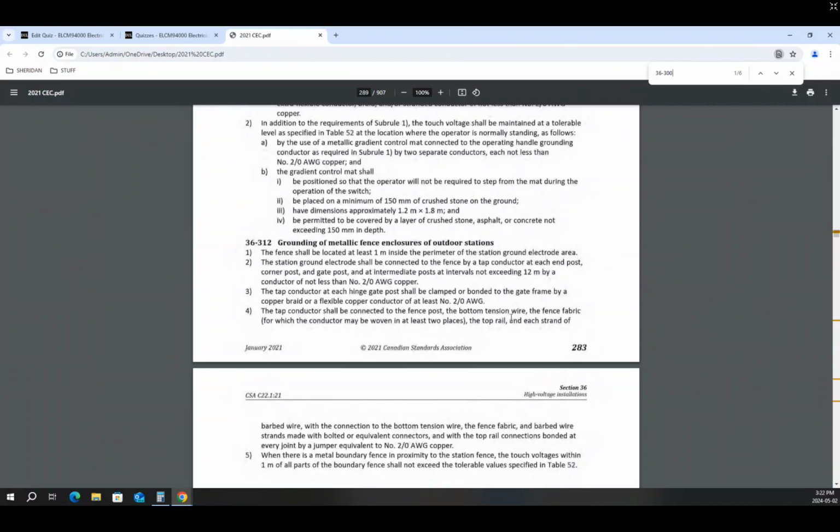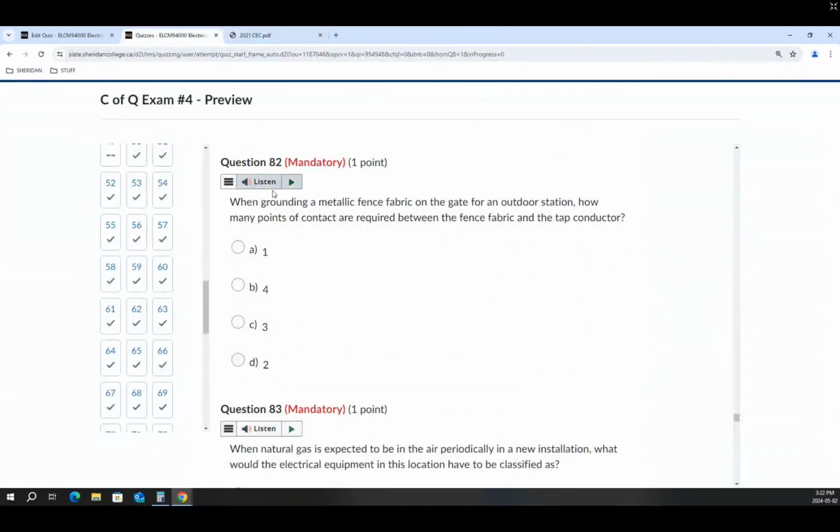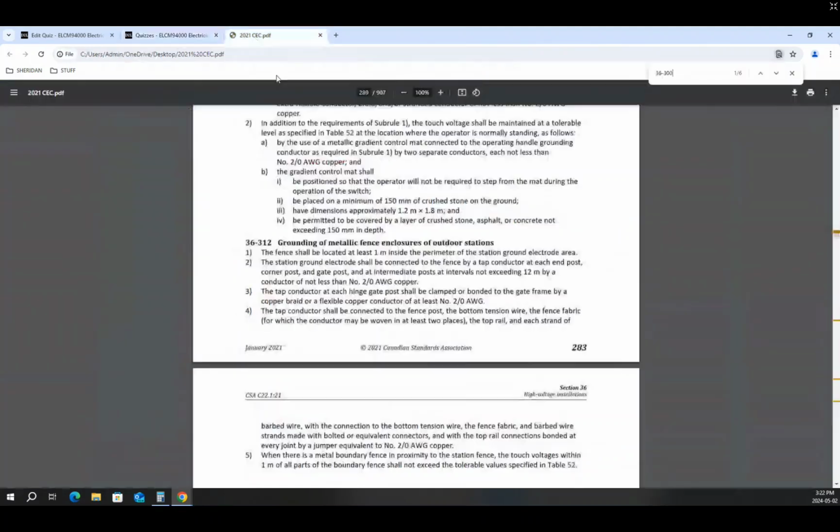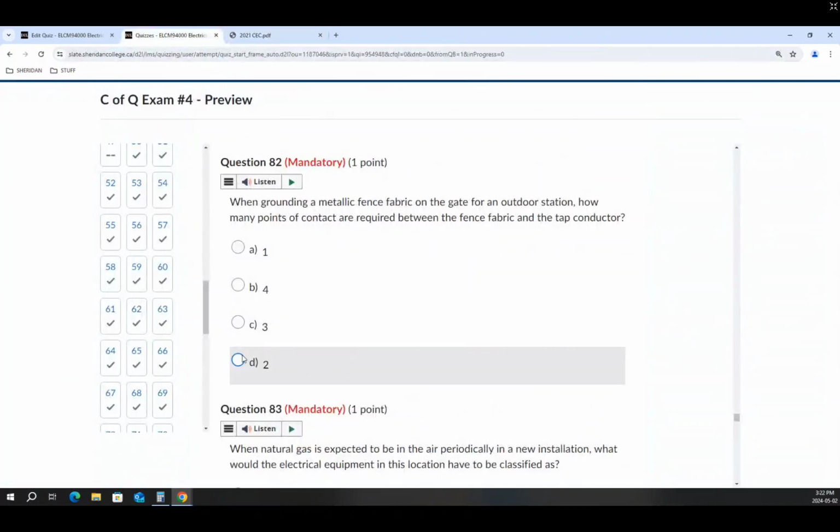The tap conductor shall be connected to the fence post, the bottom tension wire, the fence fabric, for which the conductor may be woven in at least 2 places, the top rail and each strand of the barbed wire with connection to the bottom tension wire, fence fabric, barbed wire made with a bolted or equivalent connector. When grounding the fabric, how many points of contact are there? 2. That's right here. Each fence fabric for which the conductor may be woven in at least 2 places.